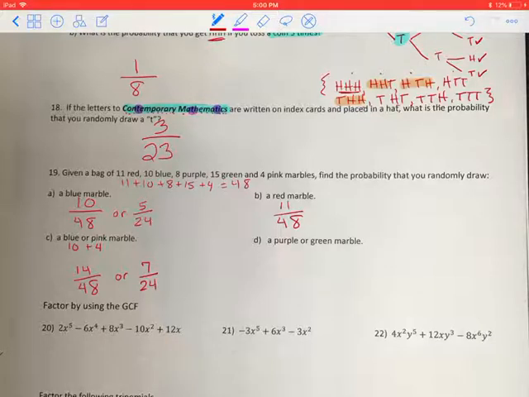The last one is purple or green. There are 8 purple and 15 green, so 8 plus 15 gives me 23. The chances of drawing a purple or a green would be 23 out of 48, and that one does not reduce.